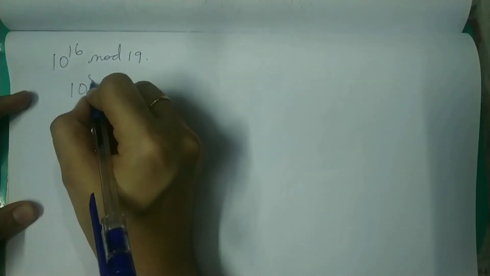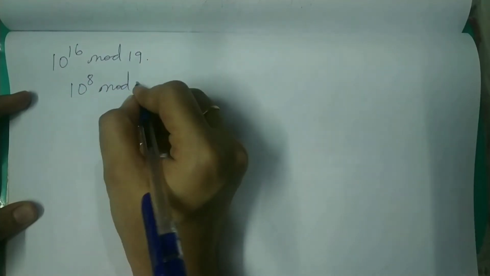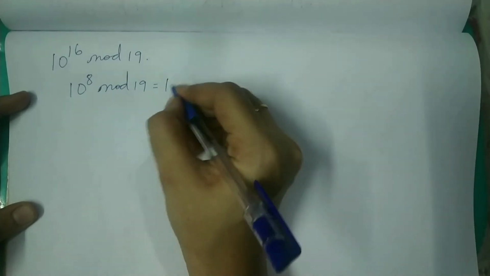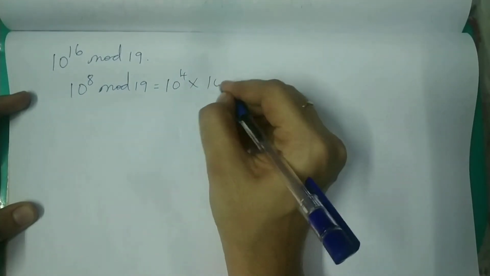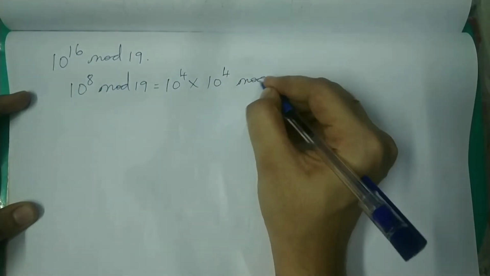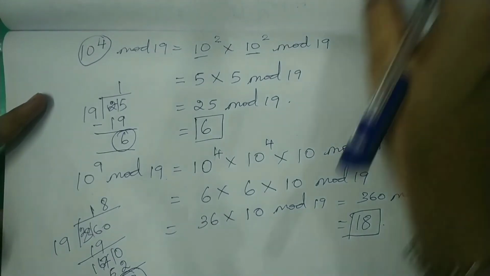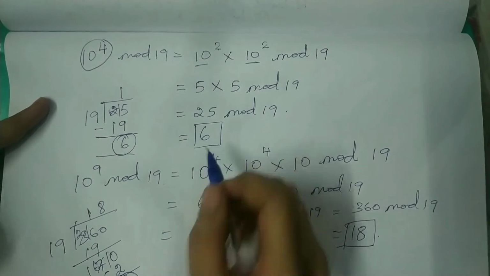10 to the power 16 mod 19. In order to find this, I should know the value of 10 to the power 8 mod 19. So I can split this 10 to the power 8 as 10 to the power 4 into 10 to the power 4 mod 19. We already found 10 to the power 4 mod 19, that is 6.